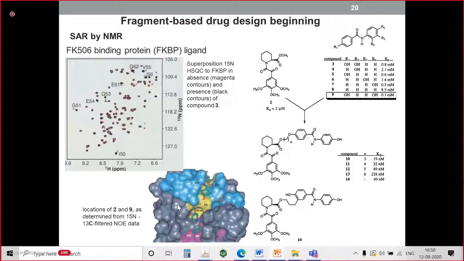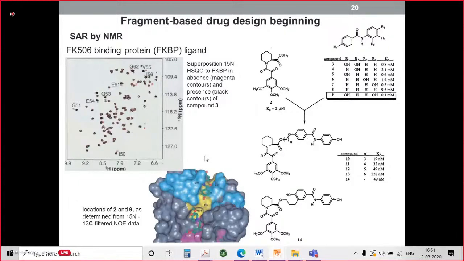This intermolecular interaction shows the better binding of the molecule at the two different locations, like say 2 and 9. So 2 and 9 are initially observed through the NOE also. Both are saturated, used in the saturated concentration in presence of the FK binding protein.